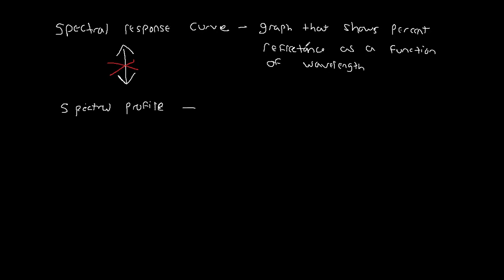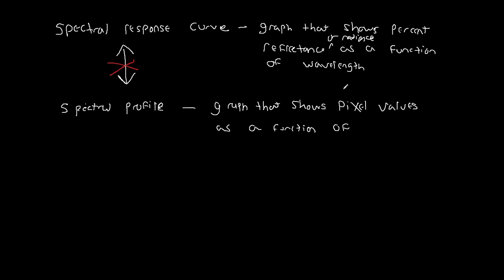Because a spectral response curve shows the percent reflectance, or I should specify, or radiance, as a function of wavelength, versus a spectral profile, which is something specific to imagery. This is a graph that shows pixel values as a function of bands.